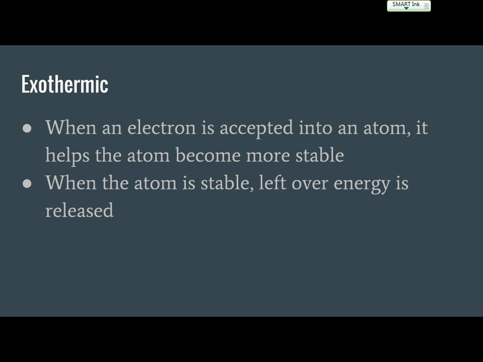Once the atom becomes stable, it has leftover energy that has to be released, and the release of the energy causes it to be exothermic. That energy is potential energy being released, which makes the atom more stable. It's not chemical energy because it's not really a chemical change, more of a potential energy change.